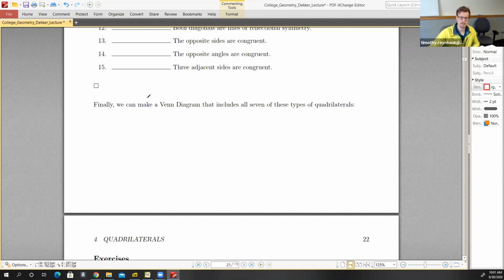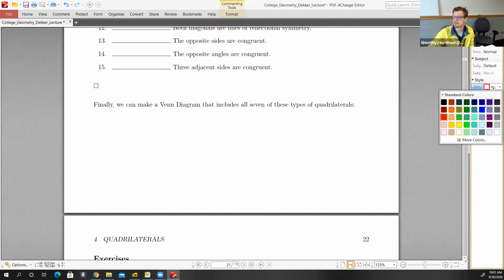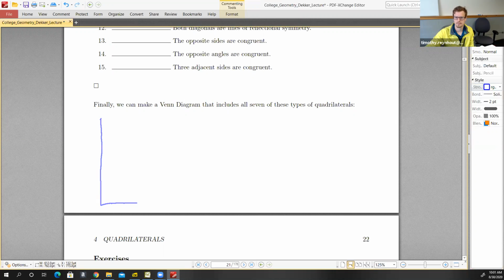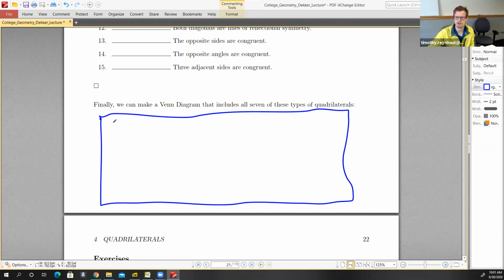All right, so now that you guys are back, assuming that you did in fact pause, let's go ahead and take a look at a Venn diagram of our quadrilaterals. So when we look at a Venn diagram, the first thing we do is draw the space within which we are working.